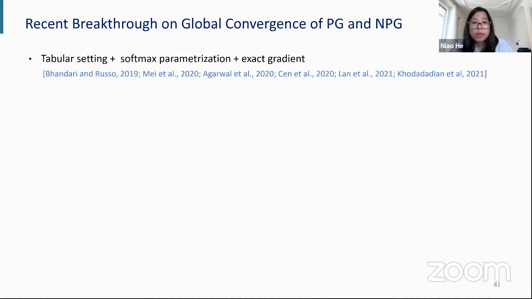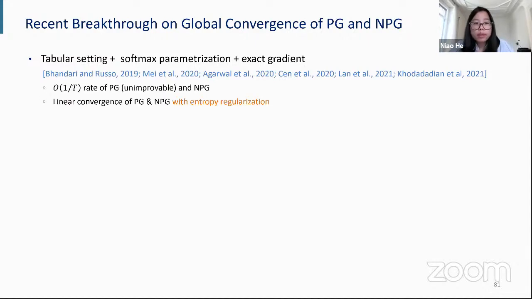Particularly, a recent line of work shows that if you look at just the tabular setting, and you use softmax parameterization, then policy gradient or natural policy gradient will converge to the global optimal solution, although your problem is non-convex in nature. They show that for policy gradient, you can achieve a 1/t convergence rate. And this can be improved to a linear convergence rate if you use entropy regularization.